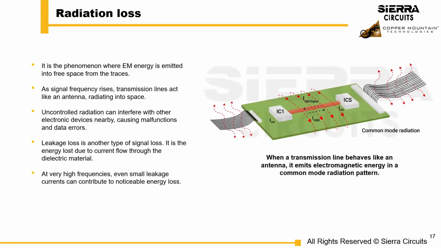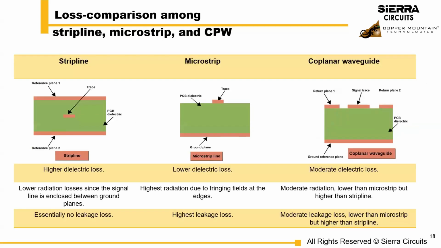Leakage loss is also another radiation loss that can occur during current flow through the dielectric material, and even small leakage currents can contribute to a noticeable signal loss at very high frequencies. So here's an example of loss comparisons.